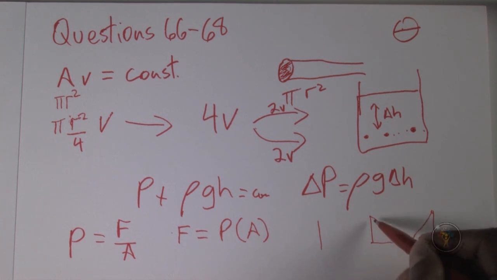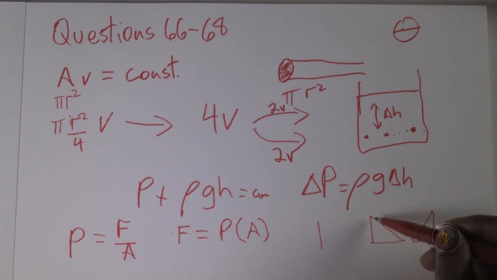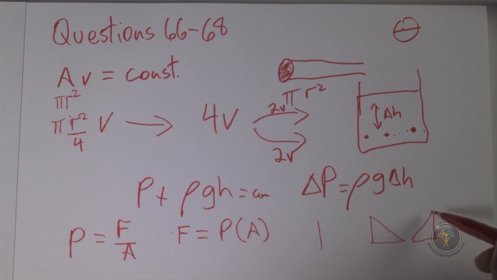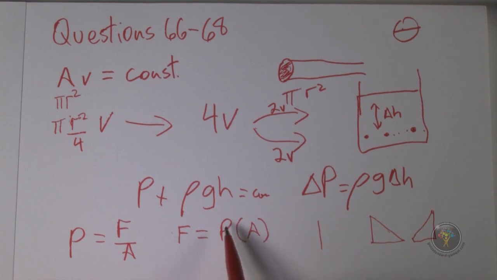The hypotenuse is the longest line, and so this presents a greater area than this line alone. And for this reason, wherever you have the smallest area, smallest A, when the pressure is the same at that level, smallest A means it's going to have the smallest force of water on the dam wall. And so the correct answer for 68 is A.